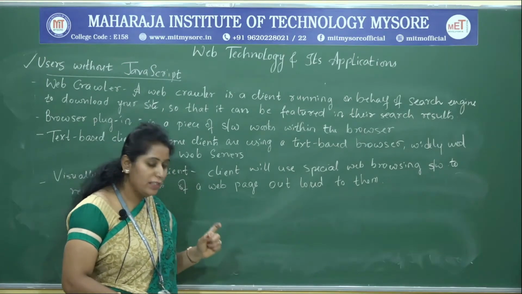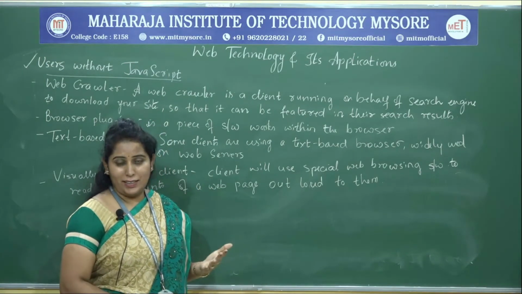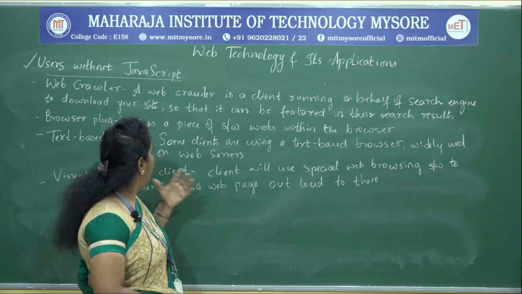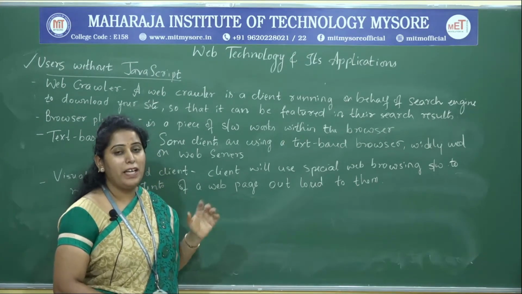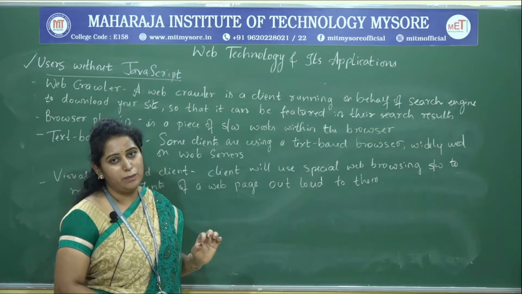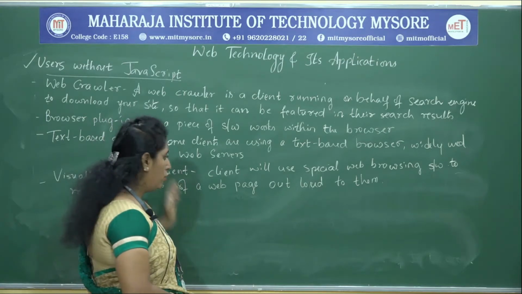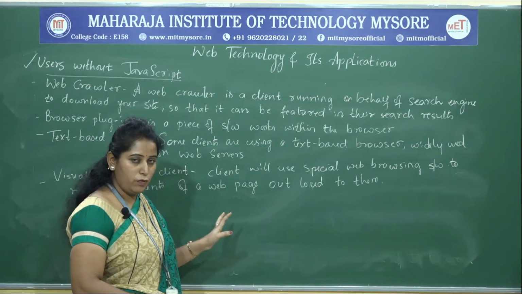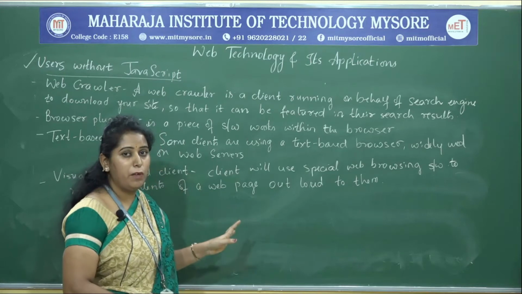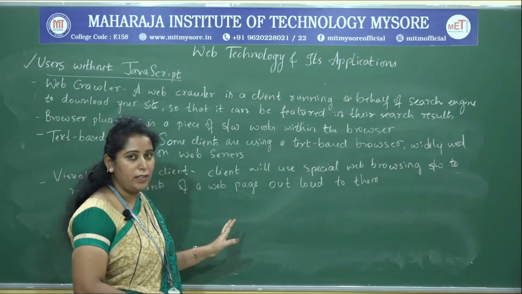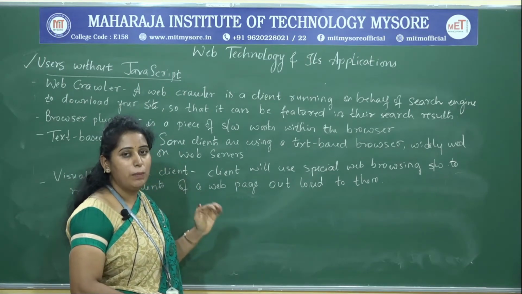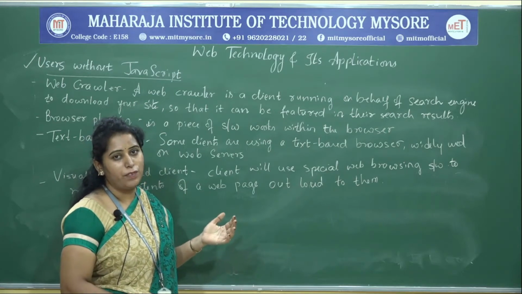But the output which results using JavaScript will have better enhancement. So even though it is working without JavaScript, still with the help of JavaScript, if these things occur, it will be more effective.